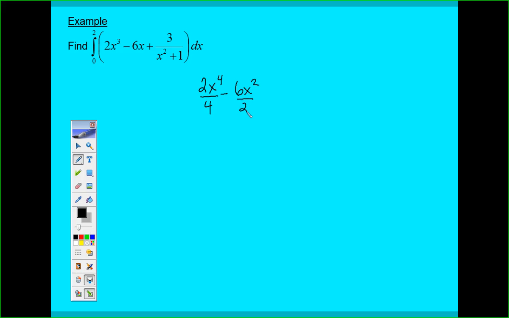Now this last integral, I'm going to rewrite it as this, because now we can see the antiderivative of 1 all over x squared plus 1 is tangent inverse of x. And then we would evaluate this from 0 to 2.